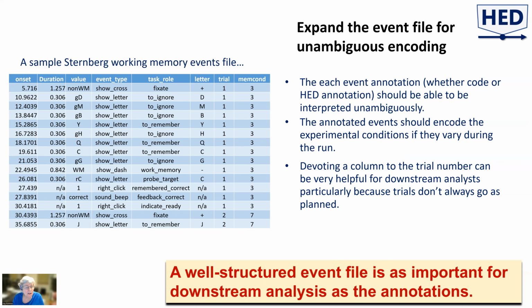And sometimes the feedback occurred after, and sometimes it didn't occur at all, depending on the exact timing. So by making sure that you have good trial numbers, you prevent users from having to really worry about these trials that had anomalies in them. They're much easier to use in standardized analysis.